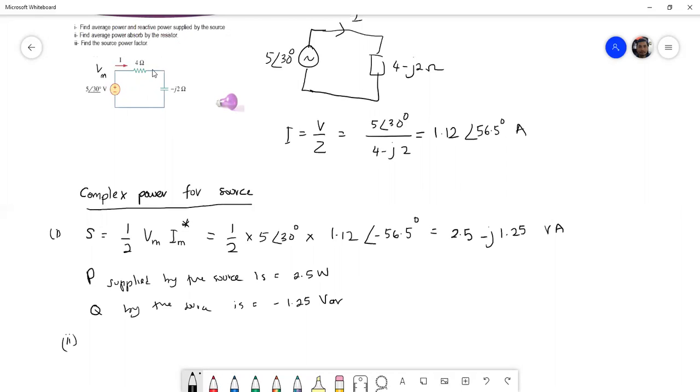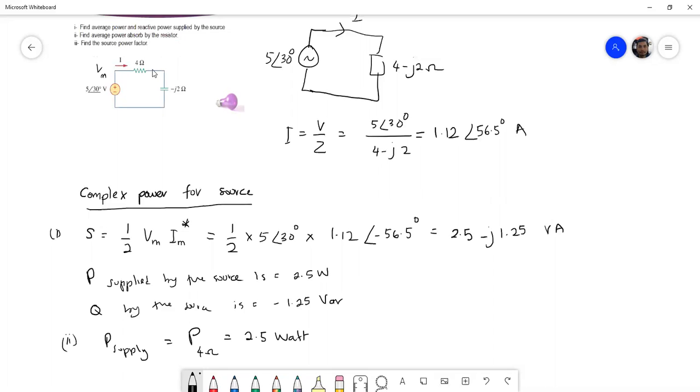Meaning that all the average power supplied by the source is equal to the average power absorbed by the 4 ohm resistor, which is 2.5 watt.